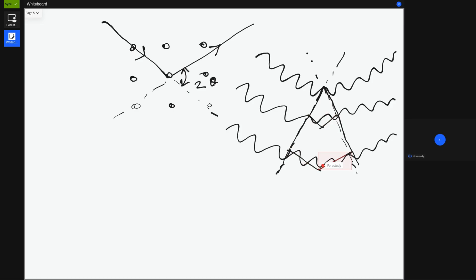So like this is diffracted. This will also be diffracted. Say this is lambda by 2, this is lambda by 2. Here it will be lambda, and this keeps increasing: lambda by 2, lambda by 2, then lambda, lambda, then 2 lambda, 2 lambda, like that.